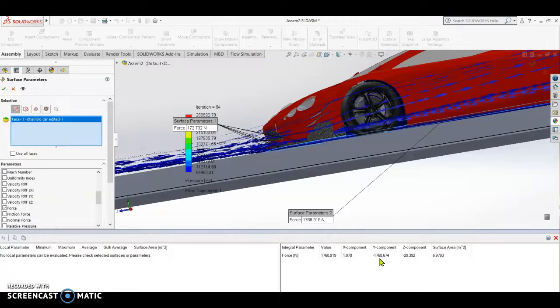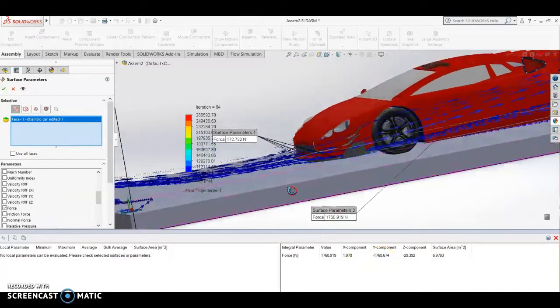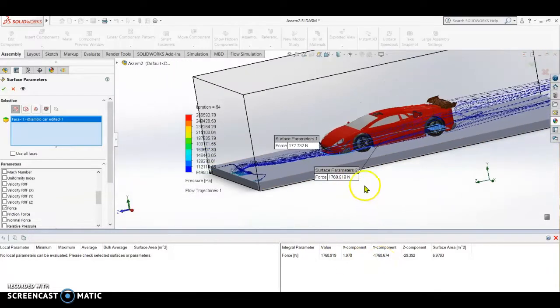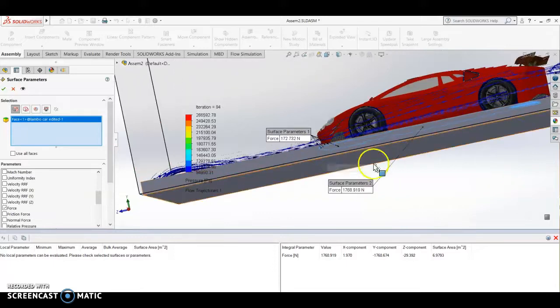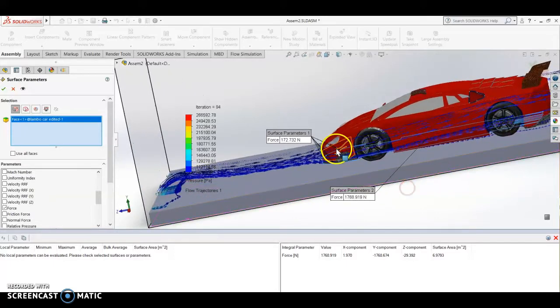It's not a lift. So this one is a great downforce because your splitter is directing the flow under the car in a minimum value so that it can create a suction or vacuum. Okay, that's it in analyzing the flow on the splitter.